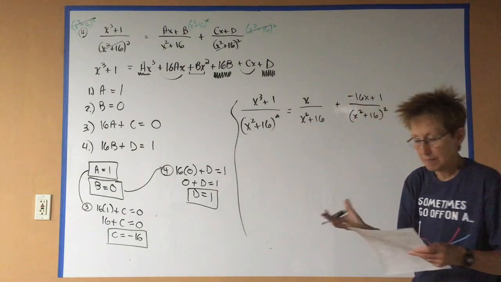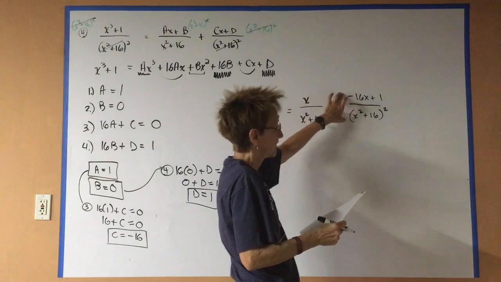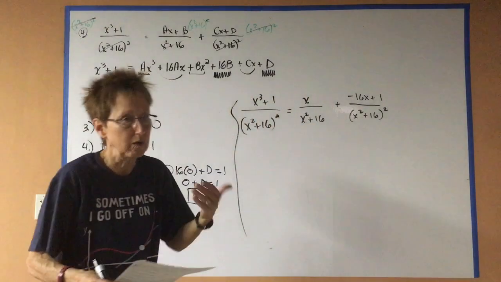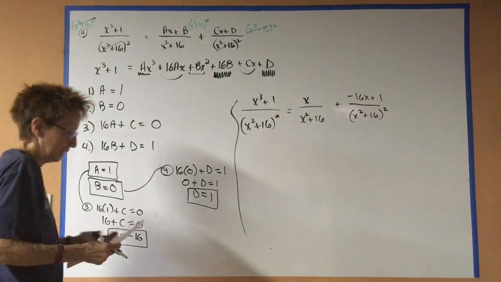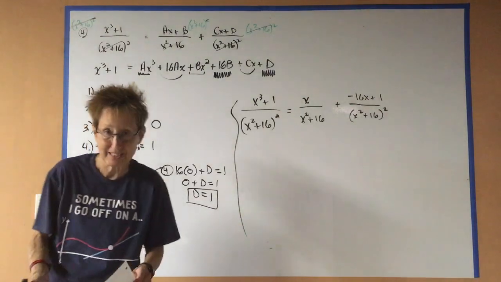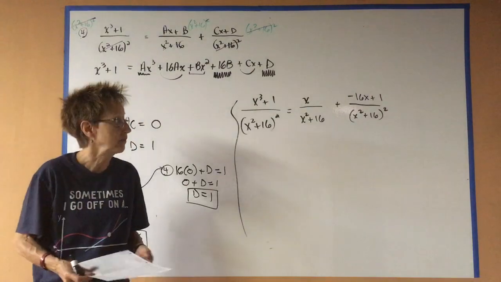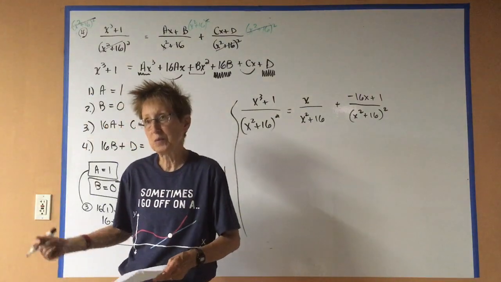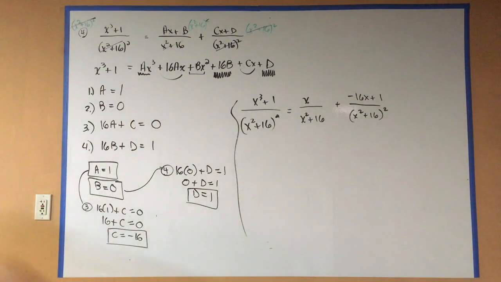And there it is. That's my partial fraction decomposition. These are now 2 fractions that I can actually integrate, whereas before I was unable to. So that's section 8.5, partial fraction decomposition. It's a little more complicated, lots of algebra, and it's something that you need to know how to do when you get to calculus. So hang on to that in case you need to review it.